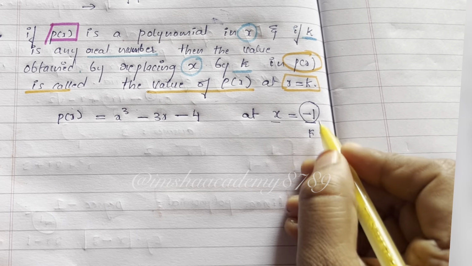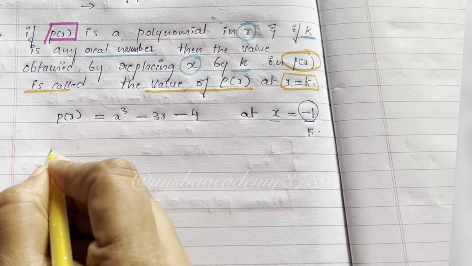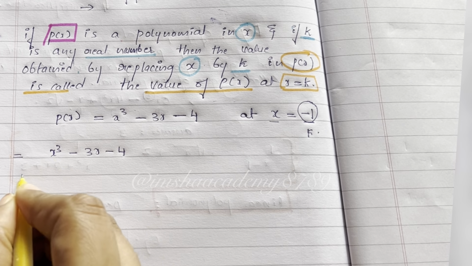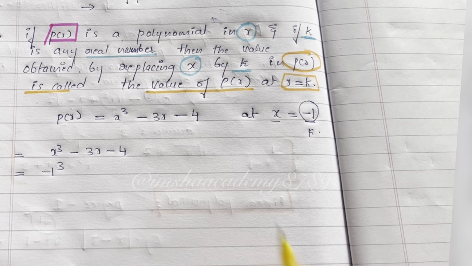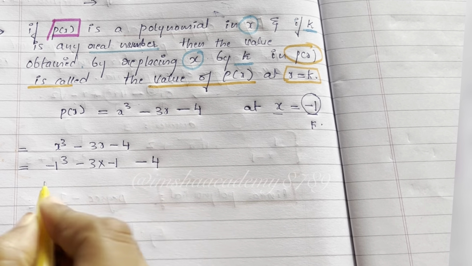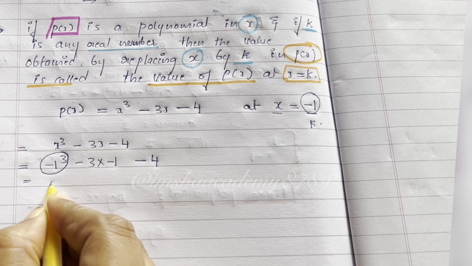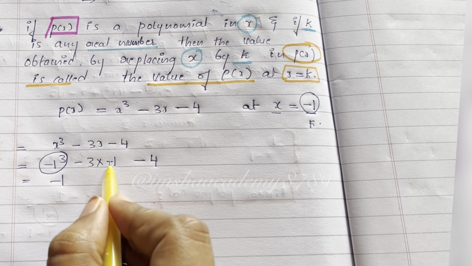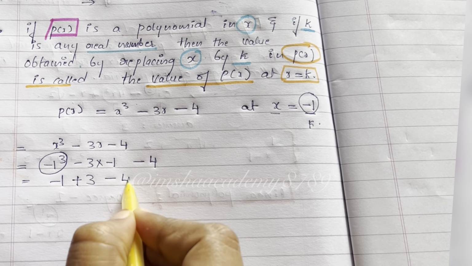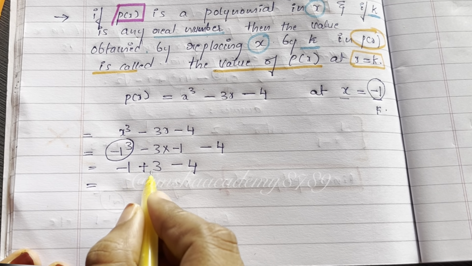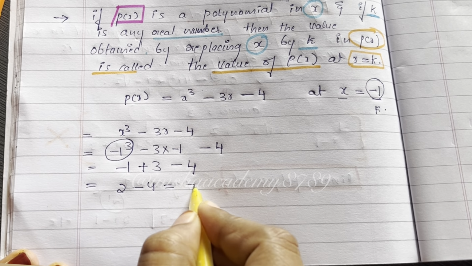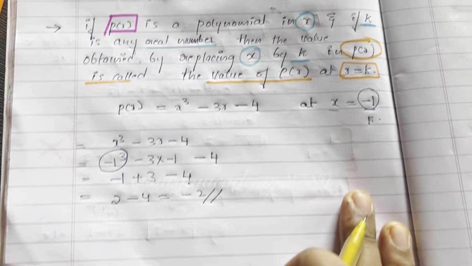So in x cube minus 3x minus 4, we replace x by -1: (-1) cube minus 3 into -1 minus 4. (-1) cube is -1, and minus into minus is plus, so 3 into 1 is 3, minus 4. Here it will be -1 plus 3, which is plus 2. 2 minus 4 is -2. So the value is -2.